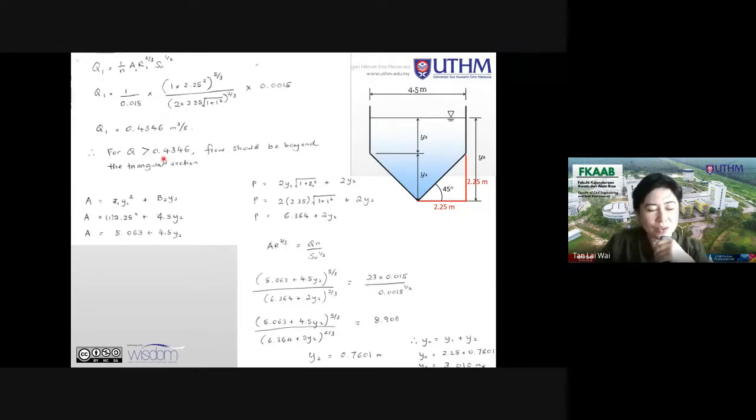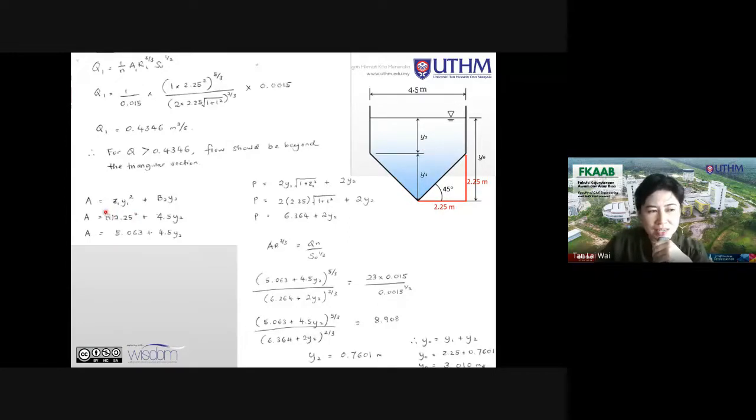So what I have found out is the discharge would definitely cover both sections, which is the triangular and rectangular. I say here the flow should be beyond the triangular section. That means it will actually fill up the rectangular section as well.